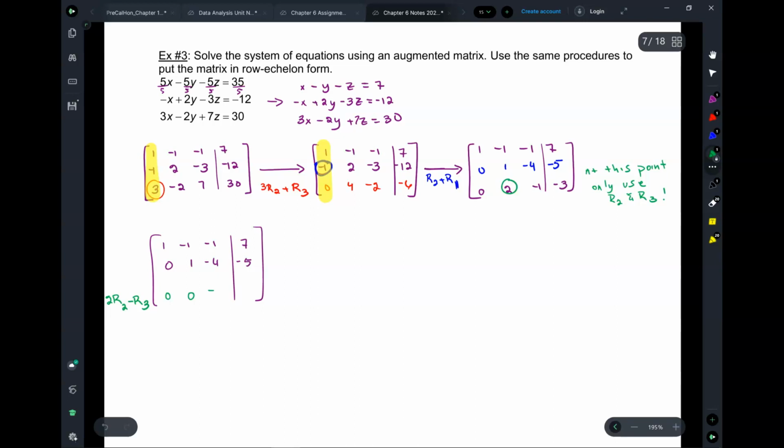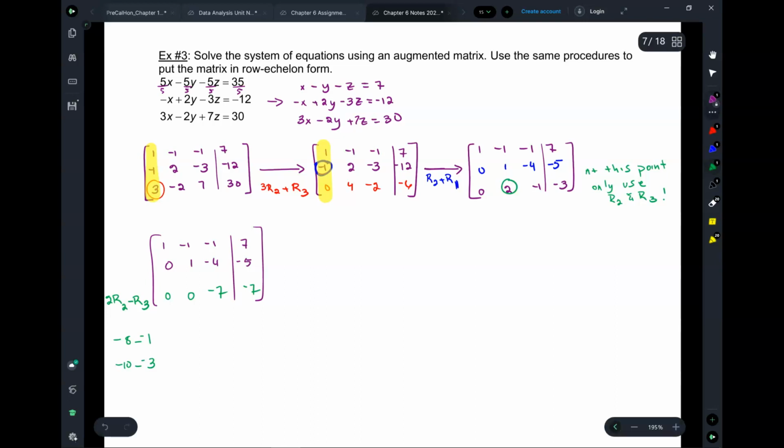Negative 7. Okay, so negative 8 minus negative 1. Okay? Next one, negative 10 minus negative 3, negative 7. Yeah, let me finish this and then.